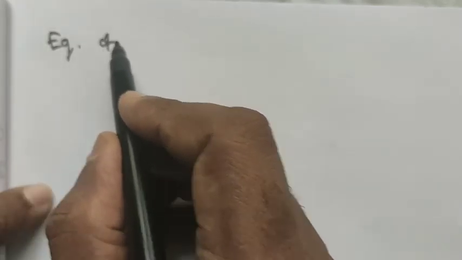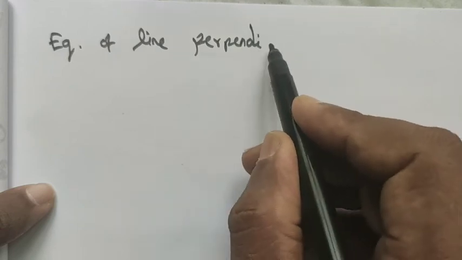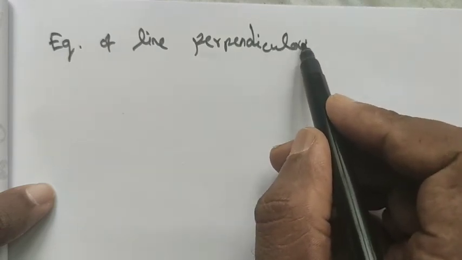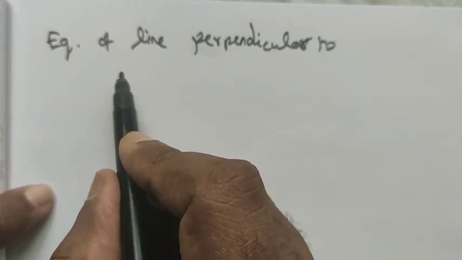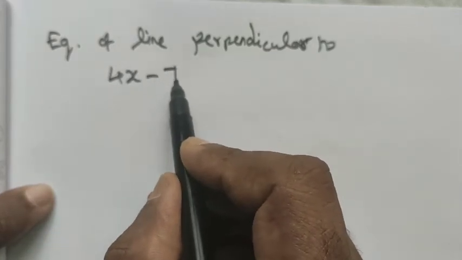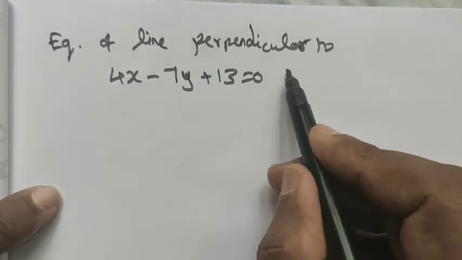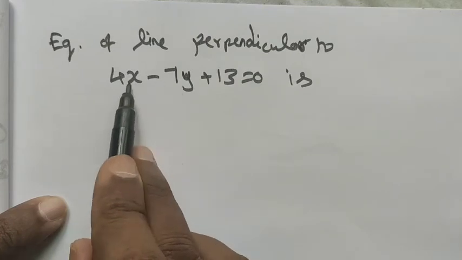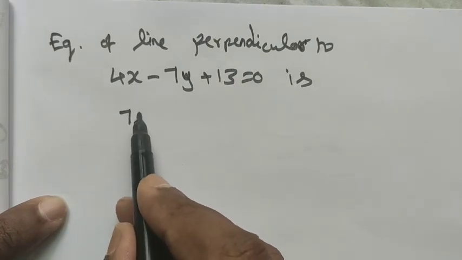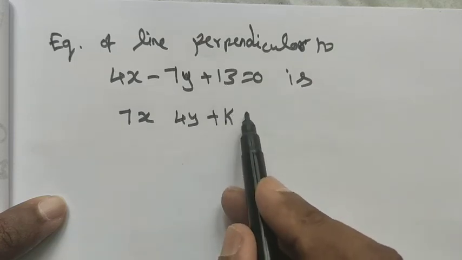The equation of the line perpendicular to the given line 4x minus 7y plus 13 equal to 0: if it is perpendicular, we have the formula of interchanging the coefficients of x and y, that is 7x, 4y, plus the constant term k.